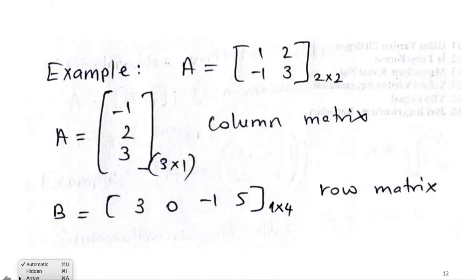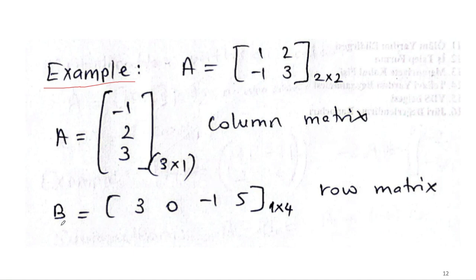And immediately we can consider some examples, like A. Suppose this is our coefficient matrix, or we might have a matrix A like -1, 2, and 3. In this case, it's a column matrix.